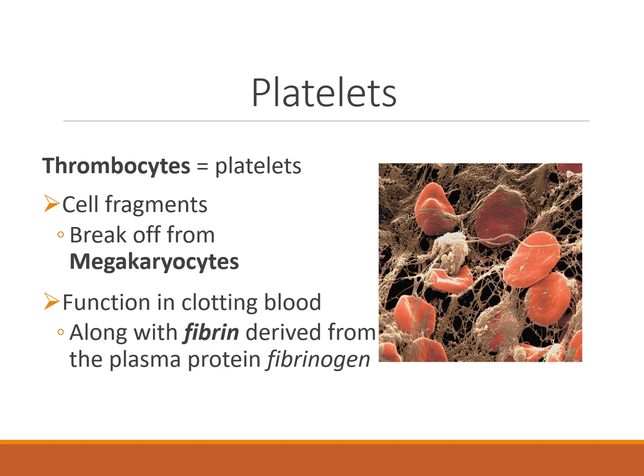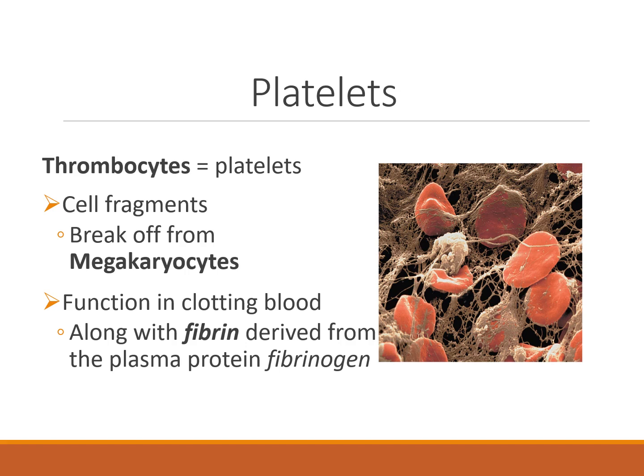So these guys function in blood clotting. We said that fibrinogen, one of our plasma proteins, is involved in clotting, and along with platelets, that's how we develop a clot.